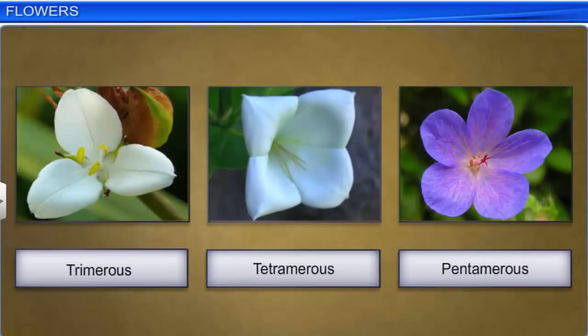Flowers are also classified as trimerous, tetramerous, or pentamerous based on the number of flowering parts like sepals, petals, and stamens.